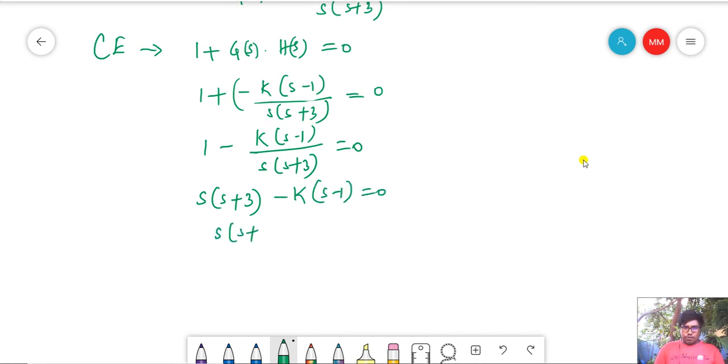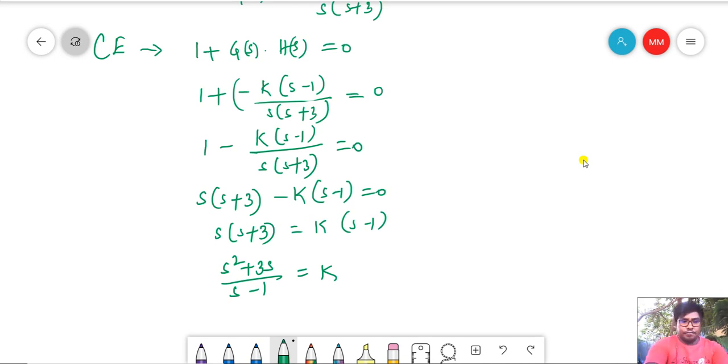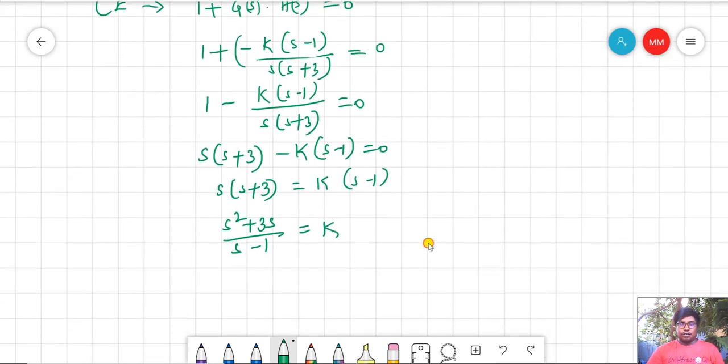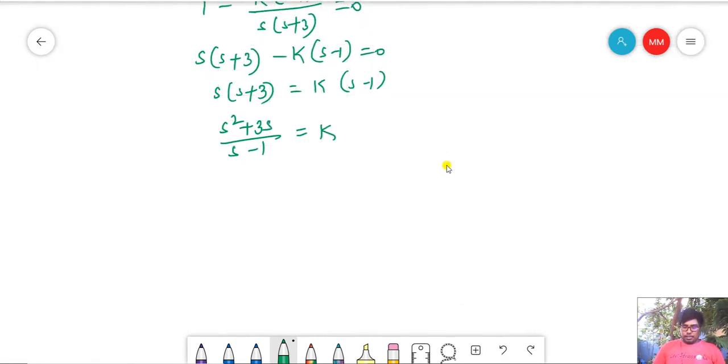Therefore s into s plus 3 is equal to k into s minus 1. That can be written as s square plus 3s divided by s minus 1 is equal to k.